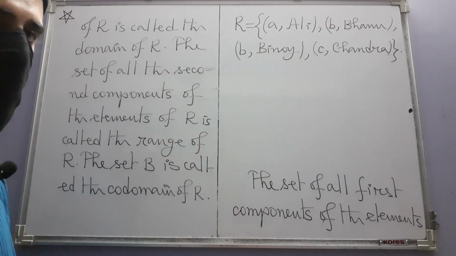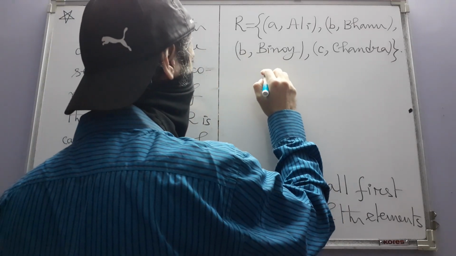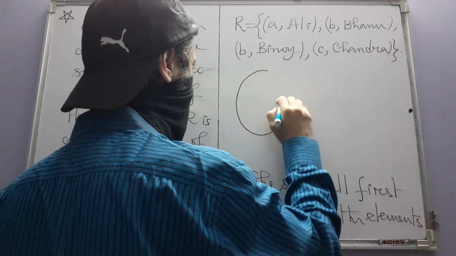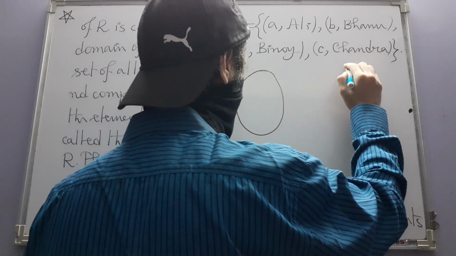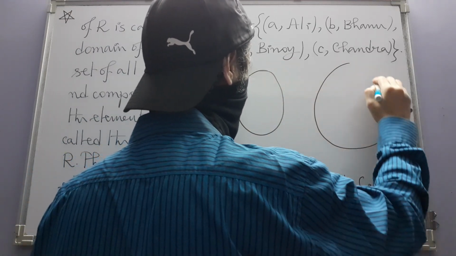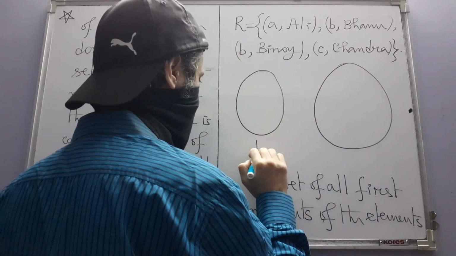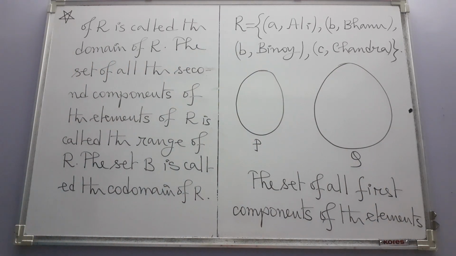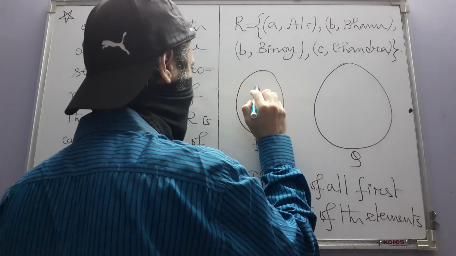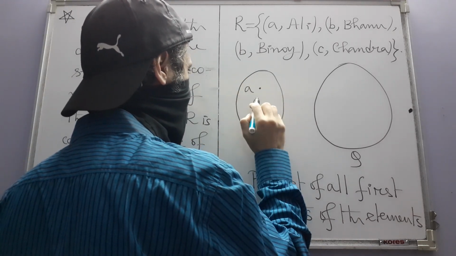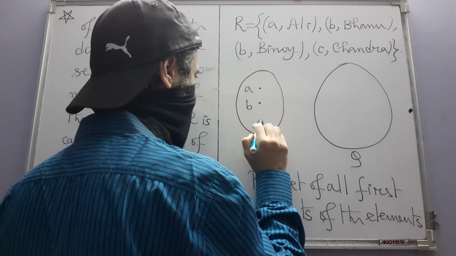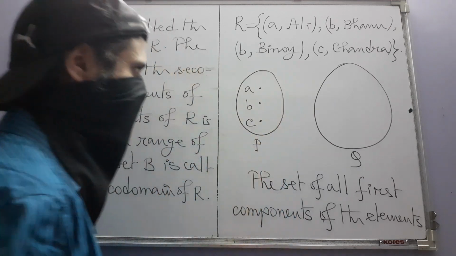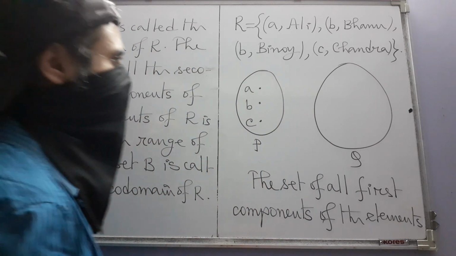Basically it is a Venn diagram because we are going to draw two closed regions for the sets P and Q. Okay, so the elements in P were A, B and C. As usual, we draw them as points or dots.